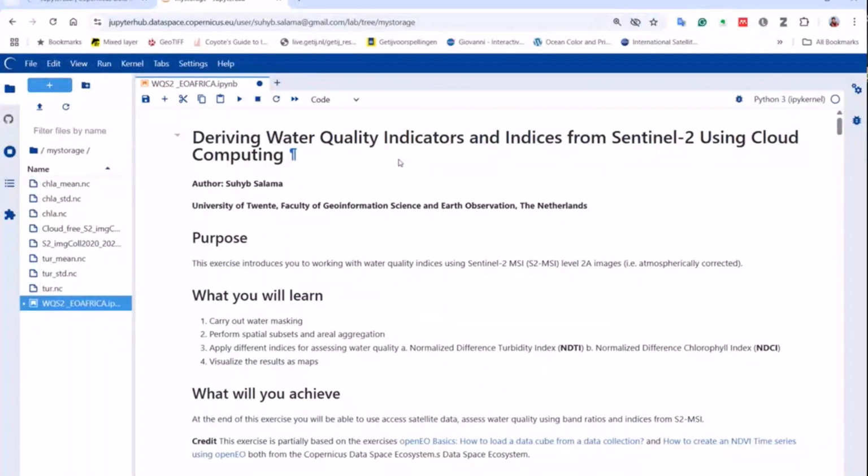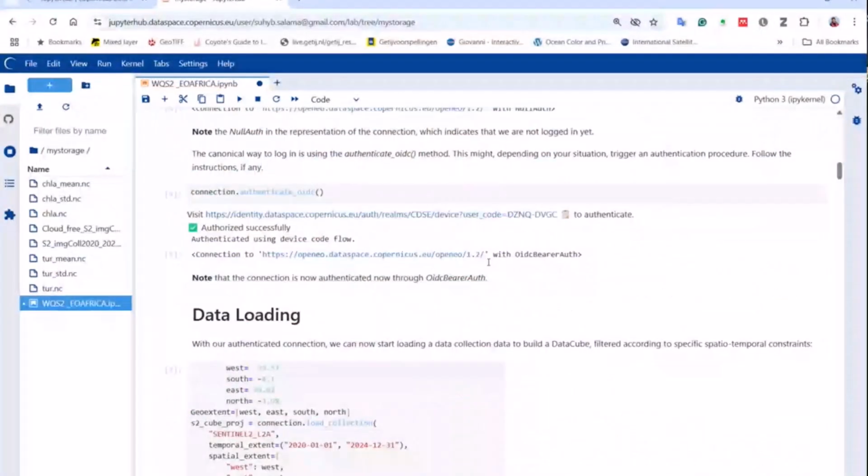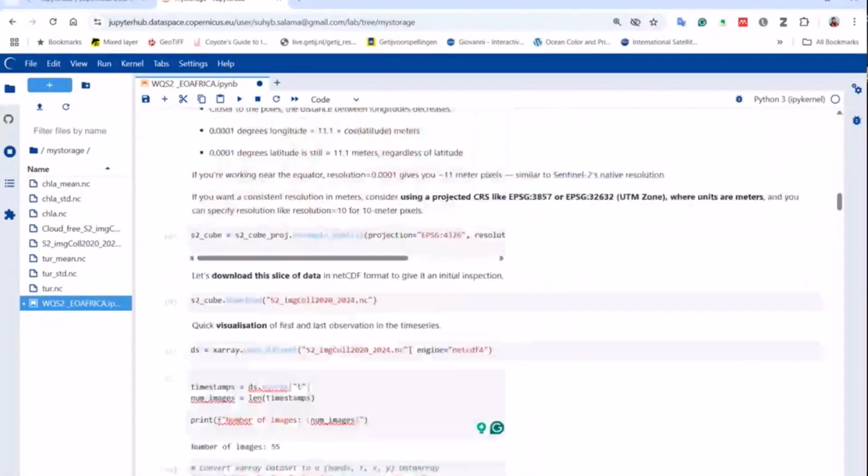You have calculated a few indices, applied aggregation in time and space, and then for a certain area, you got it and analyzed it.